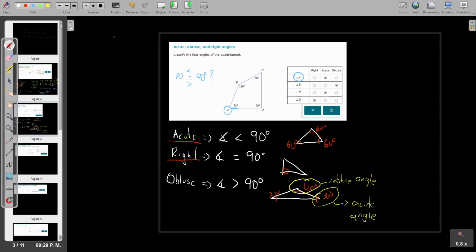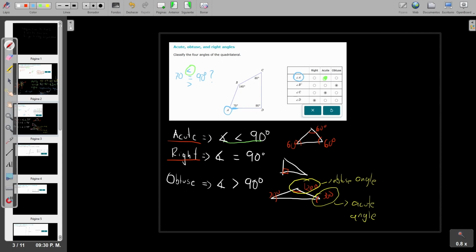The answer should be it is less. So as this is less, like this one, it means that the angle is acute.